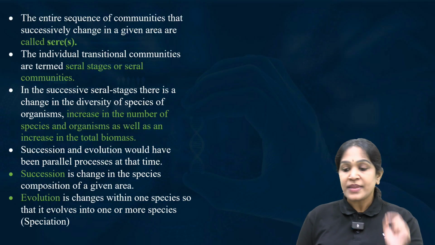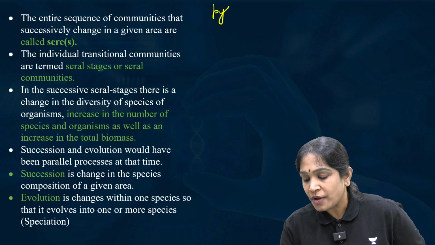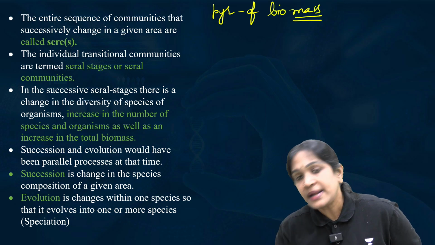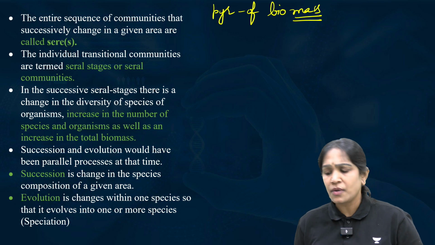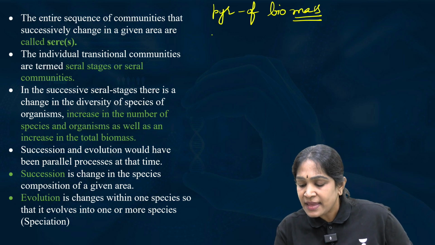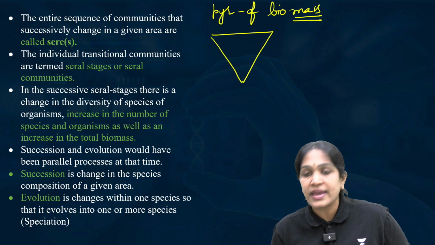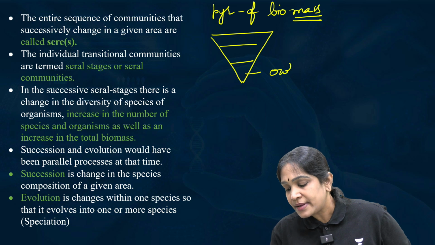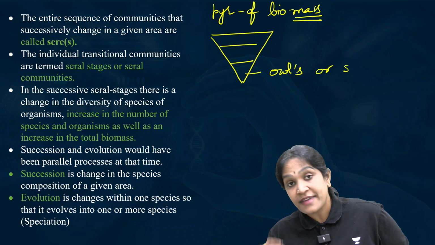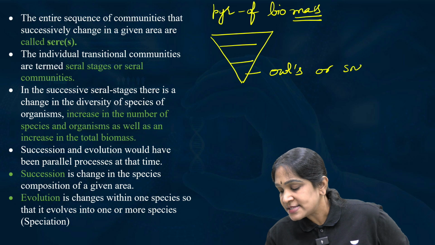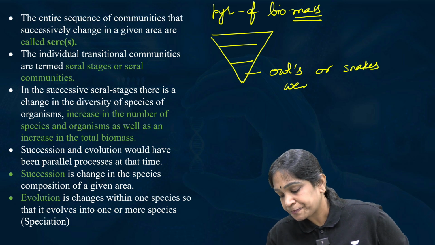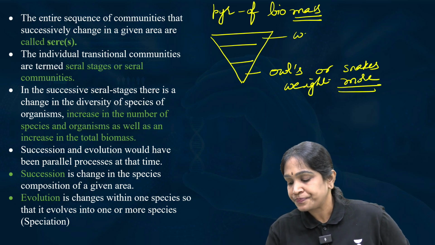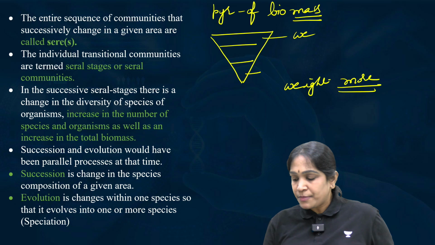Okay, but if you take the pyramid of biomass, then the grassland can be an inverted pyramid. Okay, because the owls or the snakes weight can be more than the weight of, okay, can be more than.